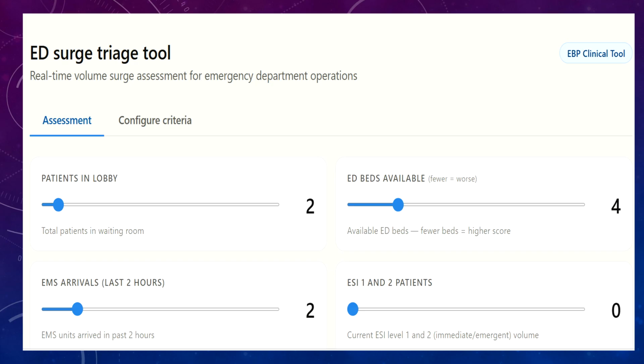Now, if you look at the bottom right-hand corner here where it says ESI 1 and 2 patients, these count both ESI 1 and 2 patients, but the value is weighted higher than the domain of patients in lobby. And this was a very intentional thing, again, because ESI 1 and 2 patients require a lot more resources.